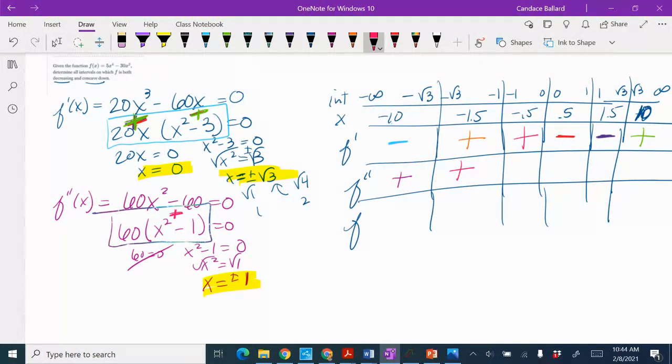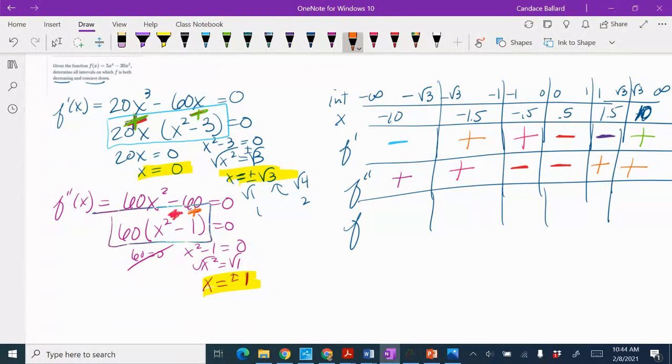Negative 0.5 squared is 0.25. That's going to turn this into a negative, so it's got to be negative. And 0.5 still is going to make that negative, so it's going to stay negative. When I plug in 1.5, I get 2.25, which is bigger than 1, so it would be positive. And 10 is definitely bigger than 1, so it's going to be positive.